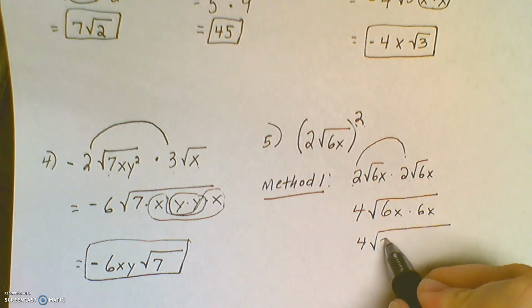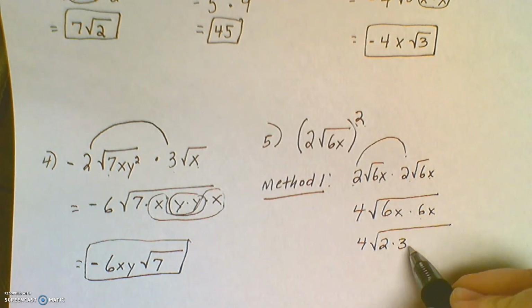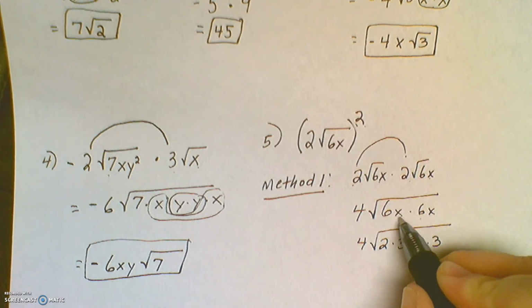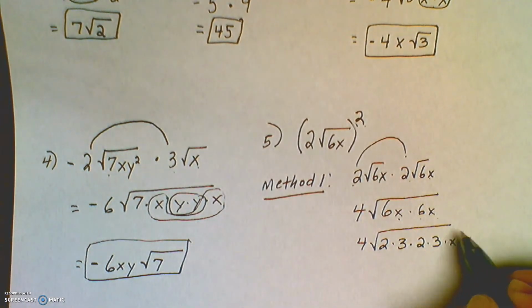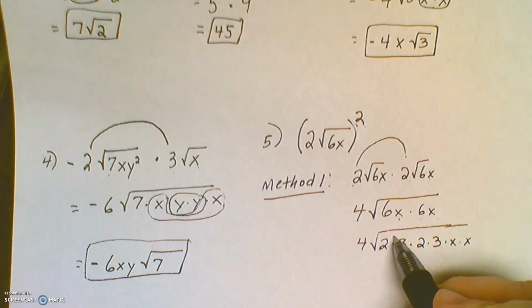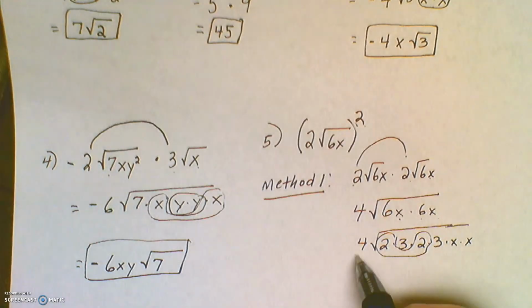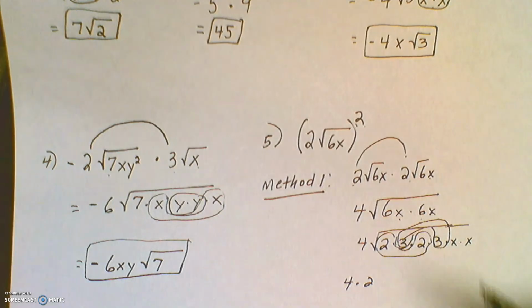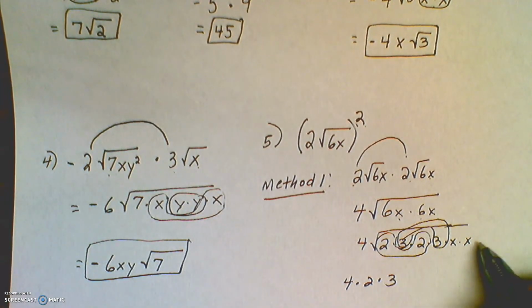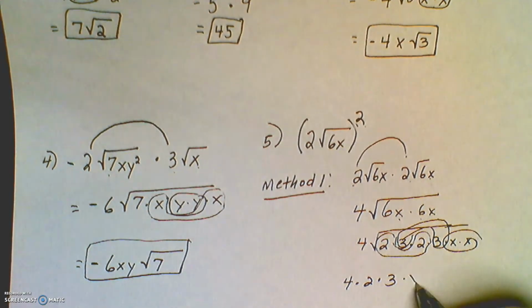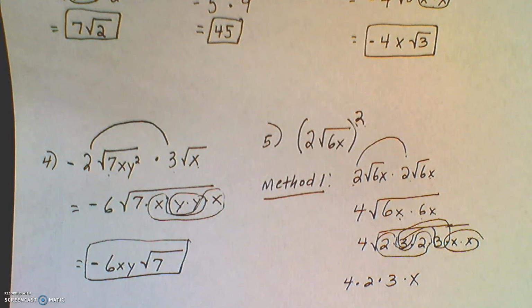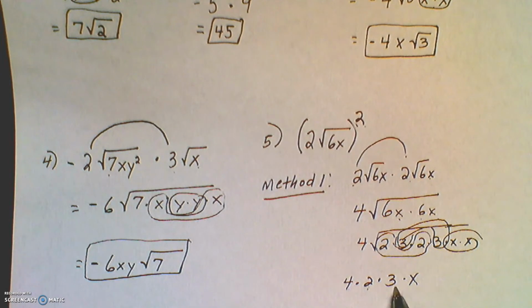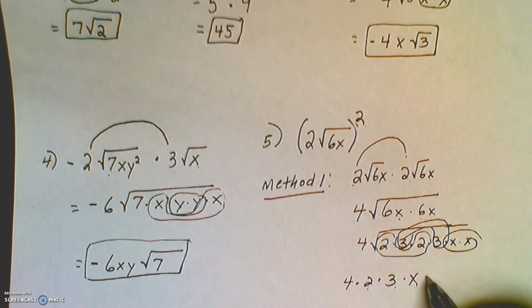Break down the 6, 2 and 3. Break down the other 6. You have x and x. And form your groups. You have a pair of 2's, that's going to come out with the 4. You have a pair of 3's that are going to come out, and a pair of x's. Nothing is left underneath the radical. So 4 times 2 is 8, times 3 is 24, times x, 24x.